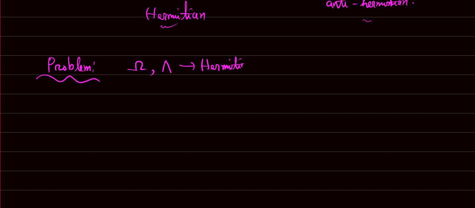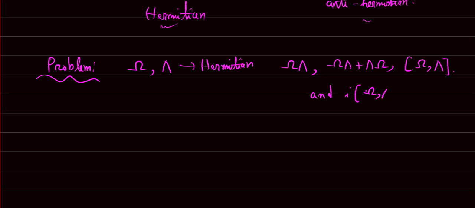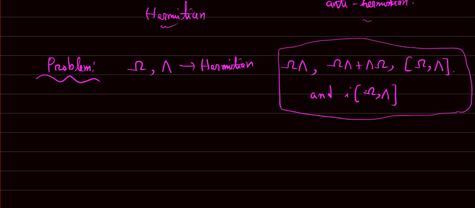So what can we say about their product, their sum of the products in this form, their commutators, and the commutator with complex number I multiplied? So are these four Hermitian or anti-Hermitian or nothing? We'll see that.